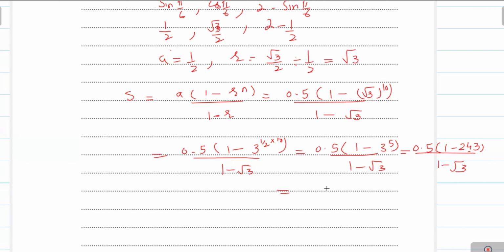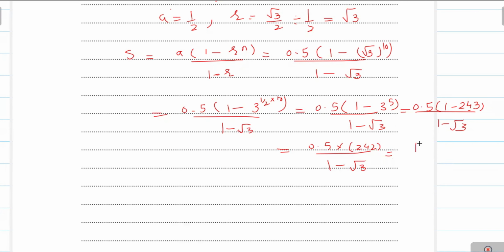Therefore we write 0.5 into 242 over (1 minus square root 3), and this will be equal to 121 over (1 minus square root 3), and this is the answer.